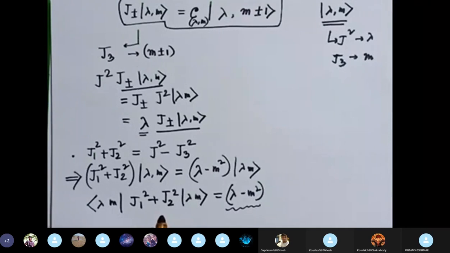That argument is wrong, though it seems right. If they had commuted, your argument would have been true, because then both would have the same eigenstates. Then J1's eigenvalue is positive, J2's eigenvalue is positive, and their squares will add up. But they do not have common eigenstates.